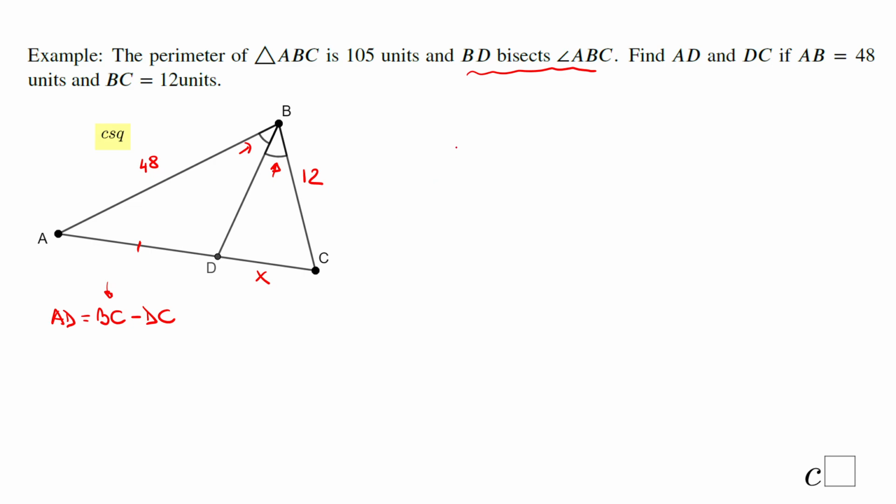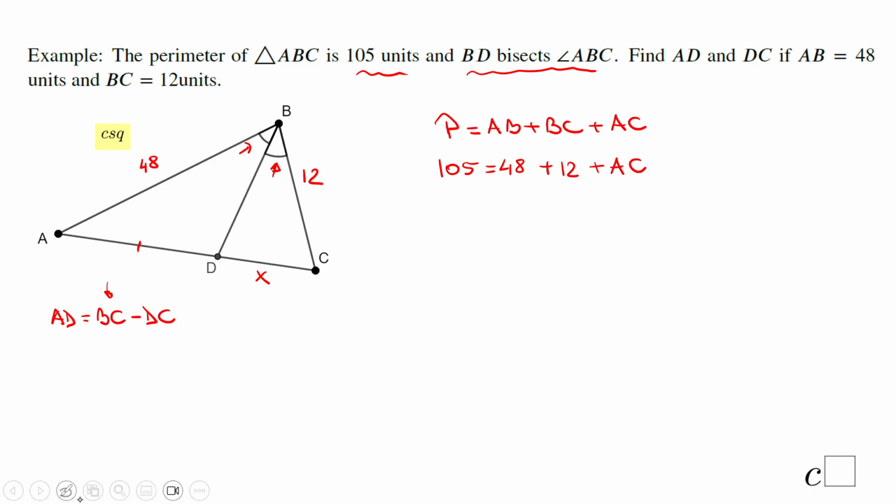So that's going to be my first step, to find AC, and I'm going to start from this perimeter of 105. The perimeter of the triangle ABC means AB plus BC plus AC, and the perimeter is 105, so we can write 105 equals AB, it's 48, BC it's 12, and AC is the guy we need to find out.